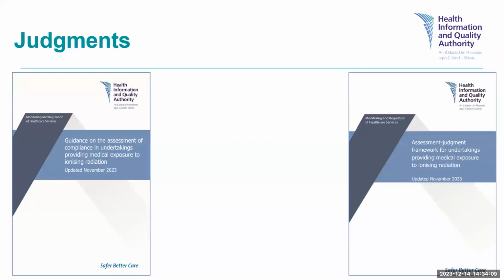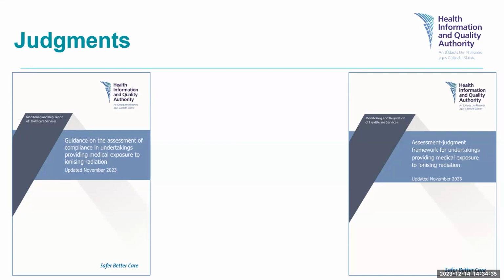And we use that document along with the assessment judgment framework for undertakings providing medical exposures to ionising radiation document as well. So these documents support inspectors and undertakings and those working in the services by setting out the specific lines of inquiry or the questions that can be used to assess compliance with the regulations that we're looking at or assessing.